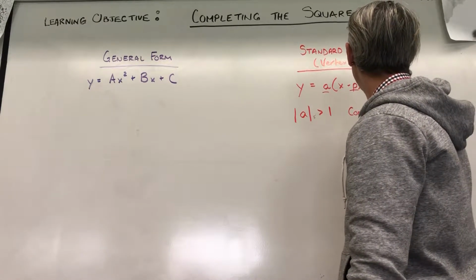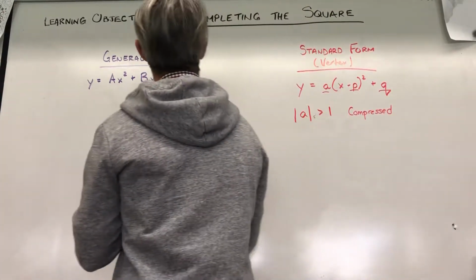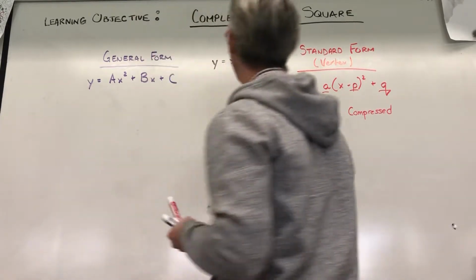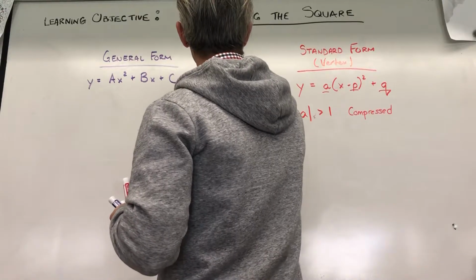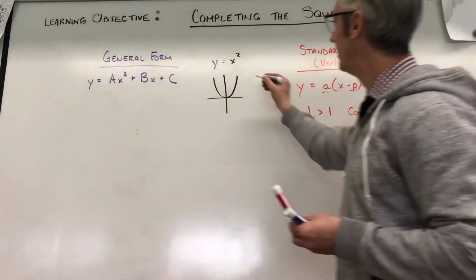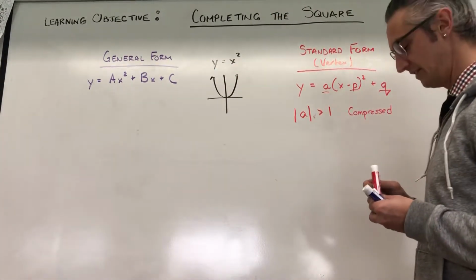With respect to our baseline, y is equal to x squared. That's our baseline parabola, perfectly symmetrical around the y-axis and just touching the x-axis like that. This is what we're comparing everything against. So it's compressed against that.